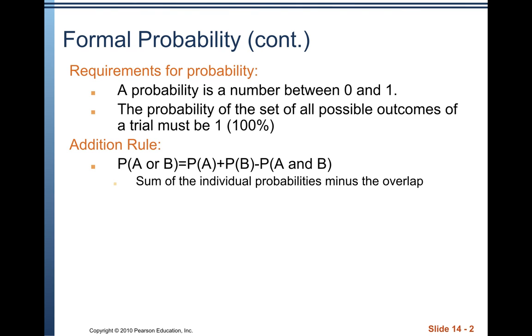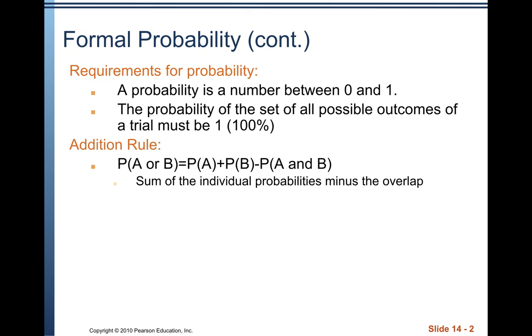For example, if I wanted to find the probability of having a red card or a 5 in a standard deck of cards, the overlap in that case would be that there could be a 5 that is a red card. There would be some overlap between the number of red cards and the number of 5s in the sets.